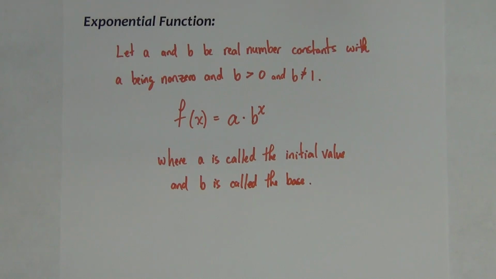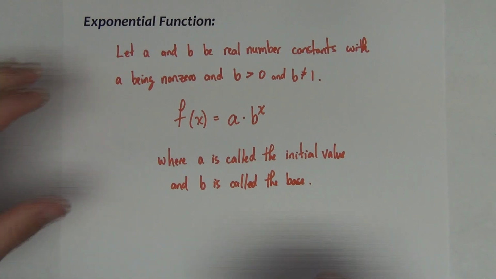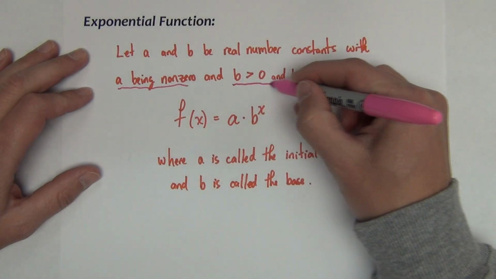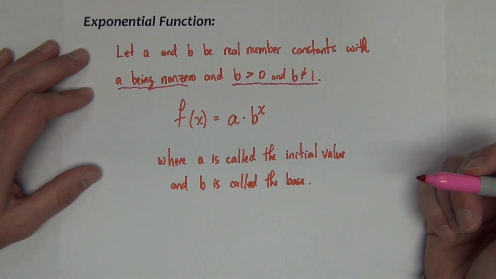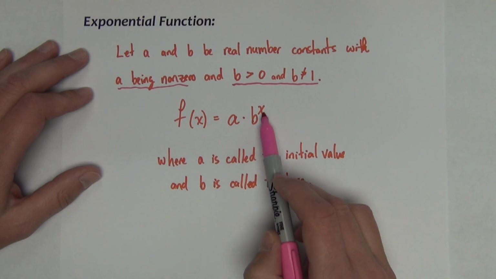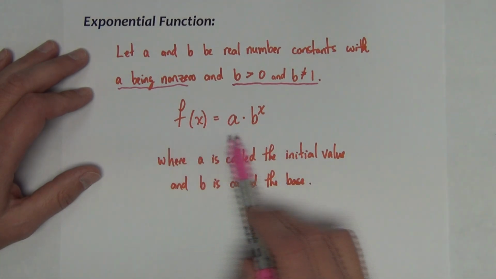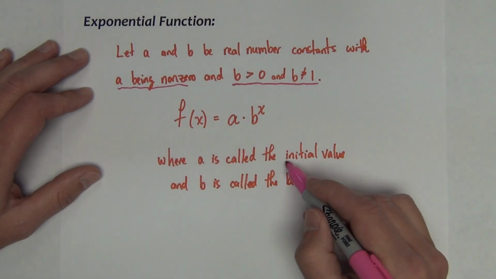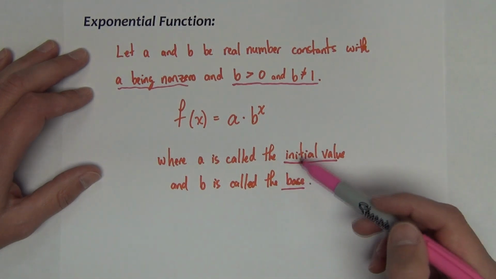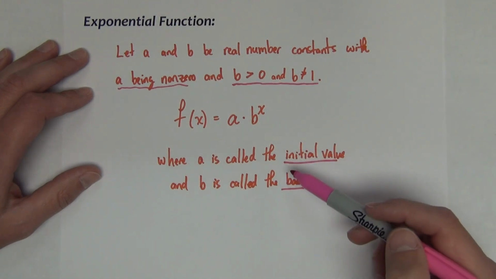Well, let's begin by defining an exponential function. We define an exponential function this way. We let a and b be real numbered constants, with a being non-zero and b being positive and not equal to 1. The function f of x equals a times b raised to the x is the exponential function, where a is called the initial value and b is called the base. So some vocabulary here to know.